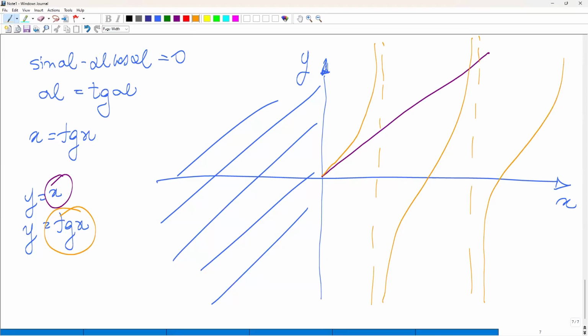So you see that actually, and this is pi over 2, this is 3 pi over 2, and so on. So you actually see that this equation has infinite solutions. But we are interested, because this solution gives us a buckling load, so we are interested in the smallest one. Well, the smallest one is actually x equal to 0.